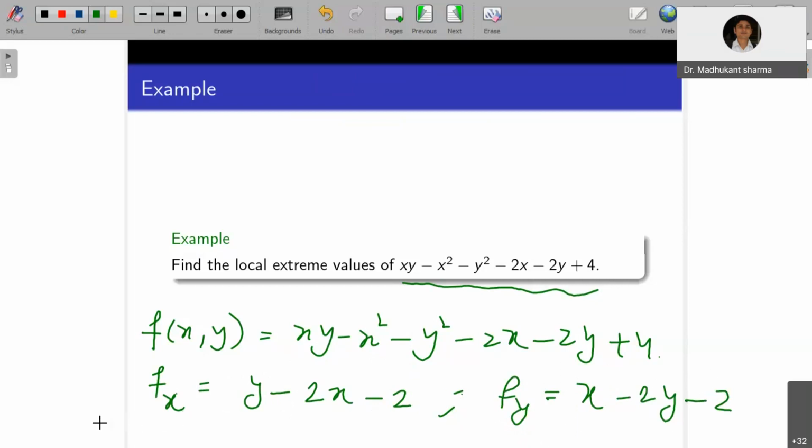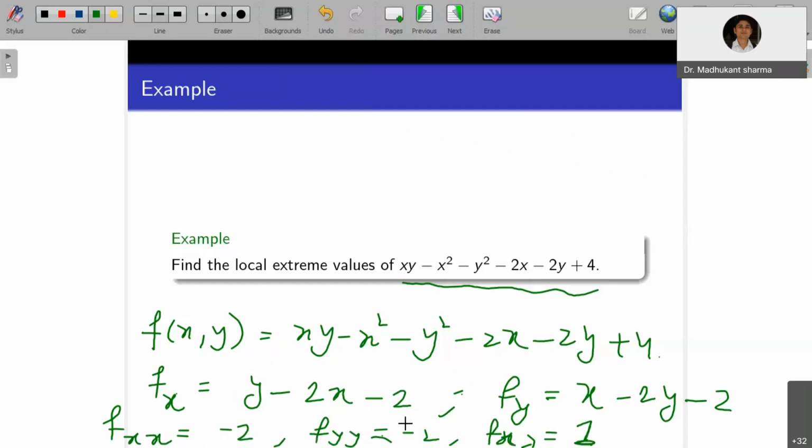Third thing is you have to see the second derivatives, because you want to perform the second derivative test. What is fxx? It is minus 2. What is fyy? It is also minus 2, a constant. And what is fxy? Whether you identify fxy or fyx, both will be the same, equal to 1.